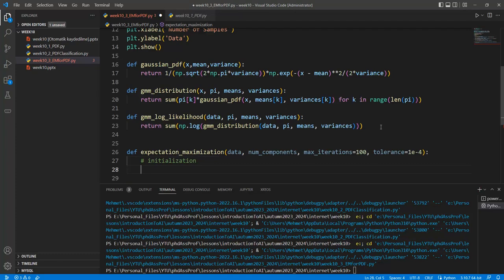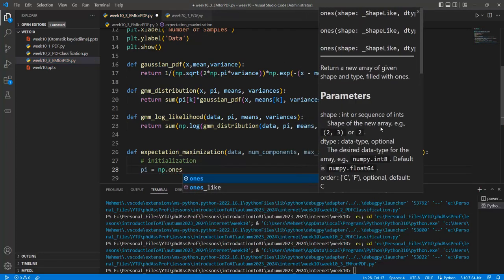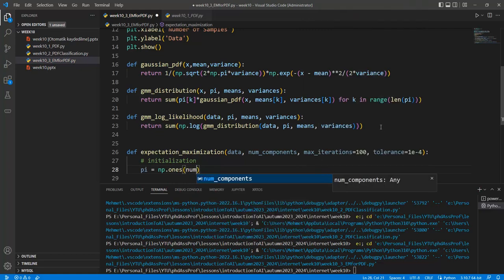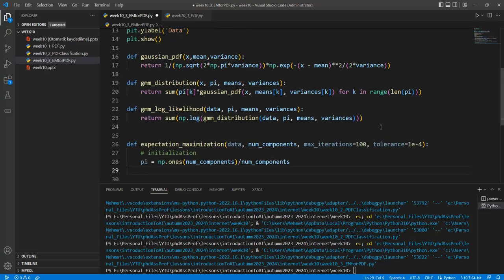Firstly, initialization must be given in here. Pi must be assigned with what? np.ones, num components divided by num components, which means that we have 2 values in here, but the num components is 2. And so if we have 2 classes, each pi is assigned 0.5, 50%. Okay? Yes, these are the initial values, and it's a highly efficient way.